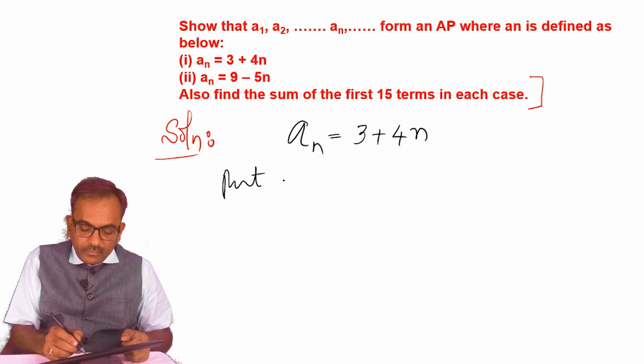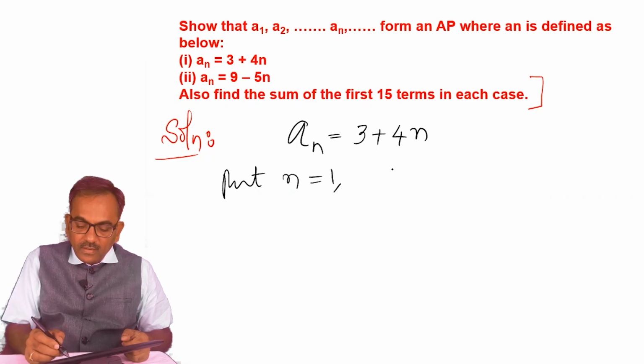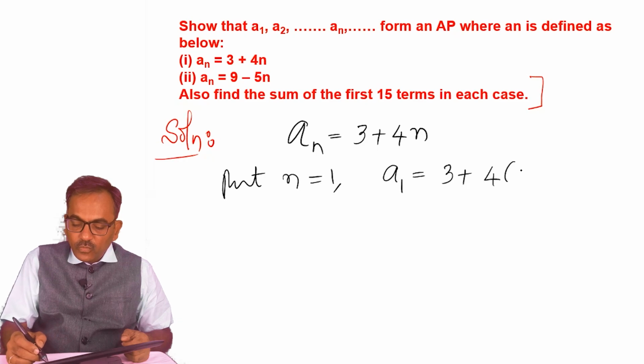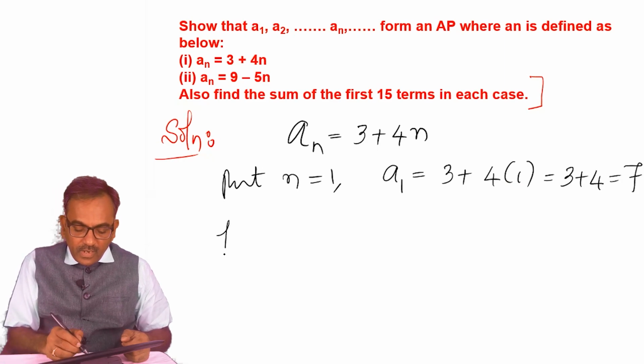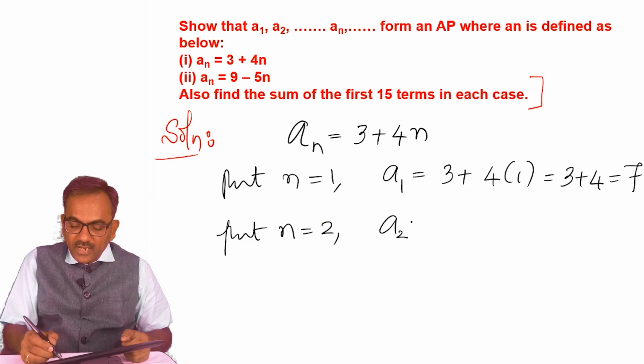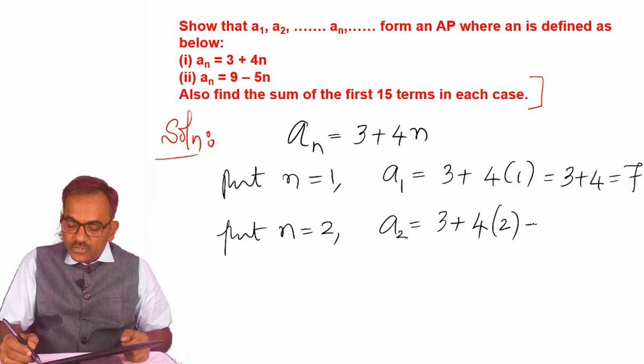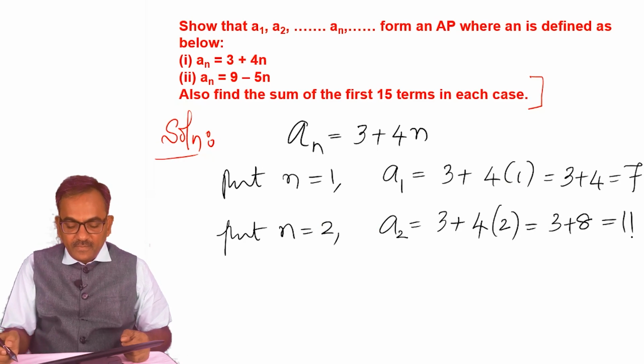Put n is equal to 1, I end up with A1 is equal to 3 plus 4 times 1, that is 3 plus 4, which is equal to 7. Now put n is equal to 2, I get A2 is equal to 3 plus 4 times 2, that is 3 plus 8, I get it as 11.